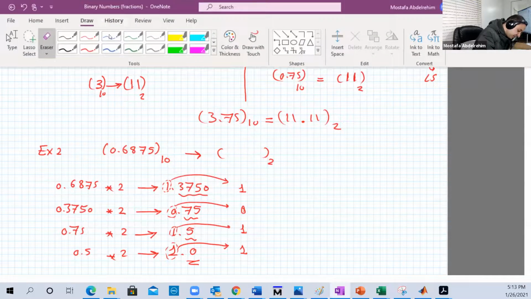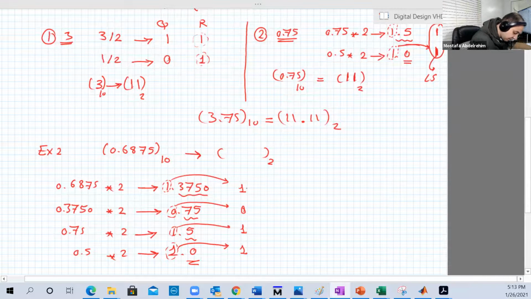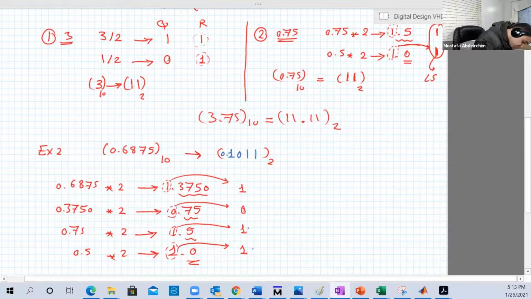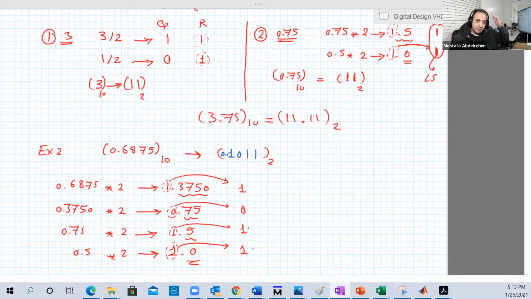So the conversion here, remember this is the most significant bit, is 1, then 0, then 1, then 1. So 0.6875 in decimal can be represented as 0.1011 in binary.